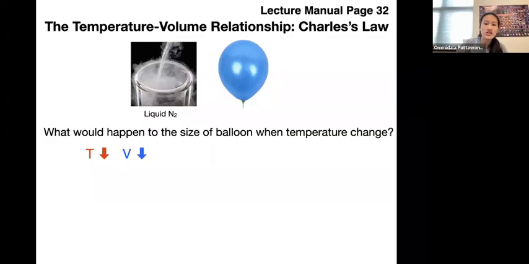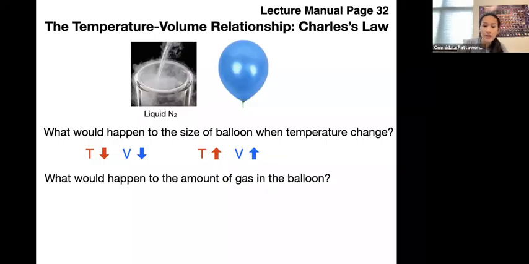Vice versa, as you take the balloon out of the liquid nitrogen and the temperature gets warmer and warmer, you will see the volume of the balloon expand as well. So that means in this case, the temperature and the volume of a gas are directly proportional to each other.